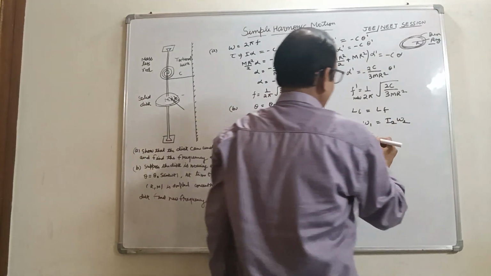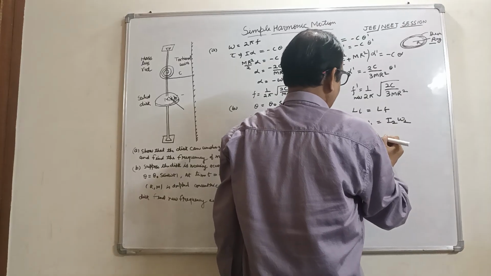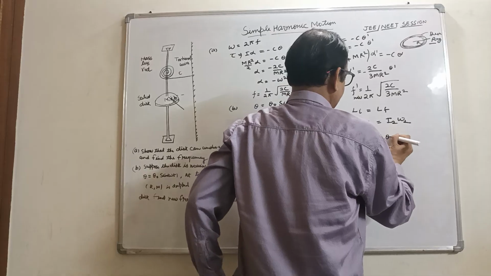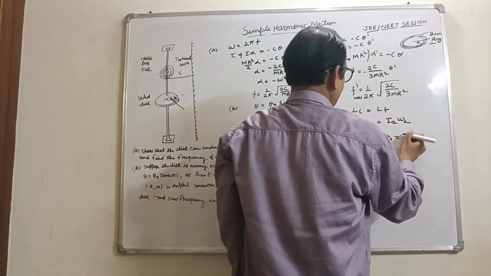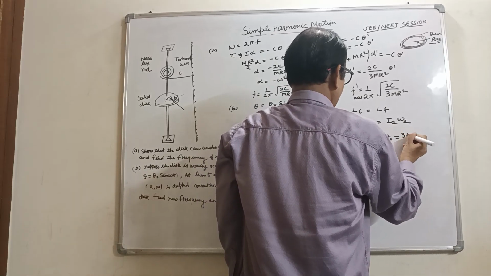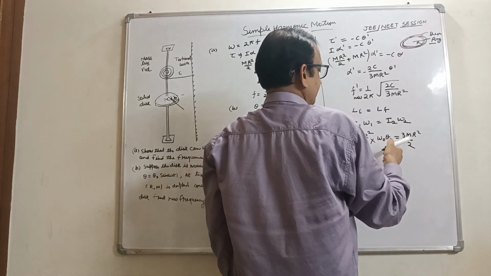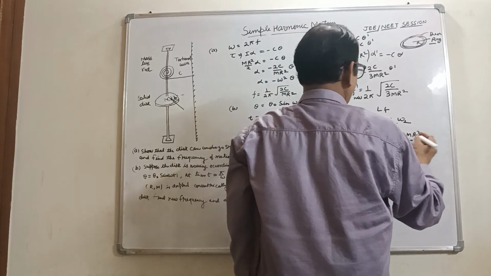Omega 1 would be omega naught, this is theta naught, and I2 would be 3mr square by 2, the moment of inertia of the disk plus the ring.